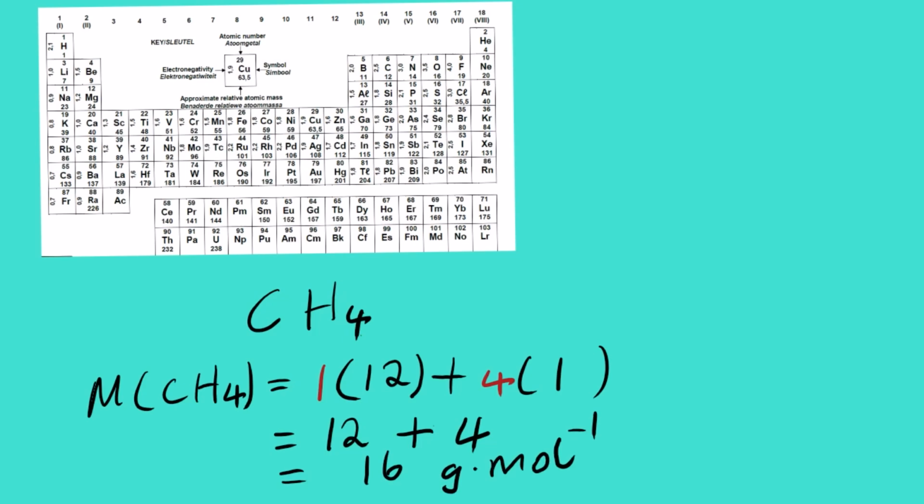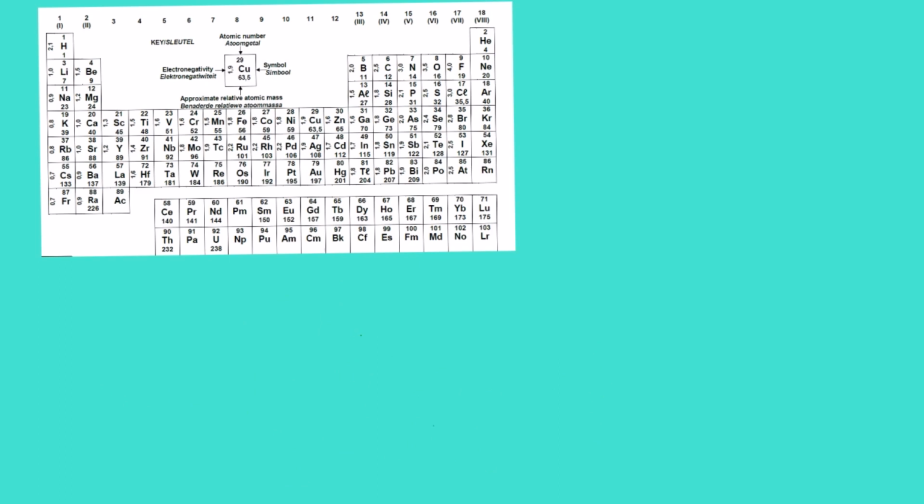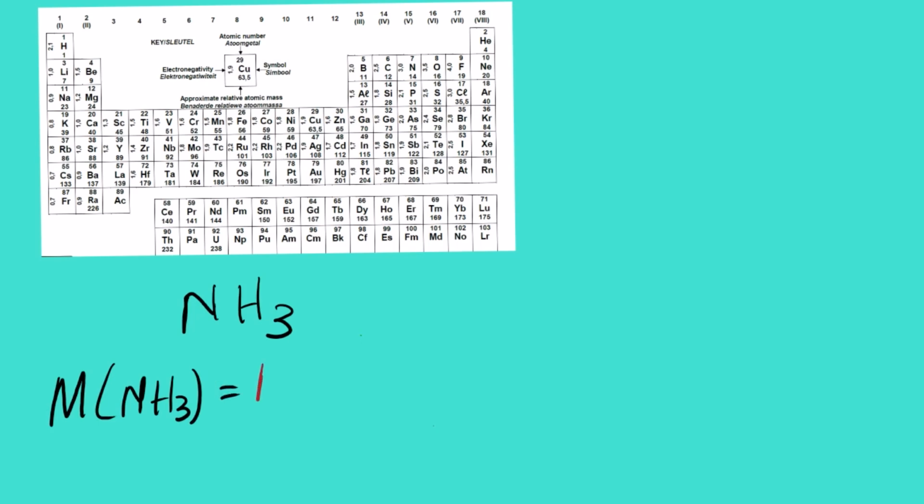Now let us look at one more question. Ammonia. Now the molar mass of ammonia, we only have 1 atom of nitrogen, 3 atoms of hydrogen.